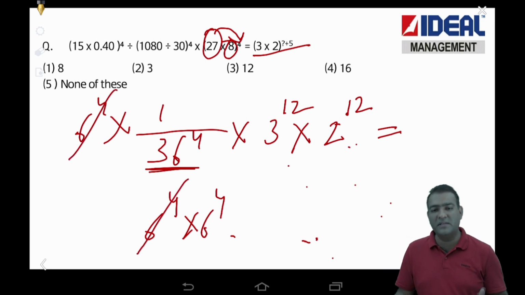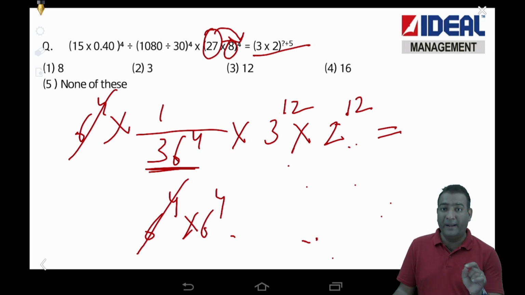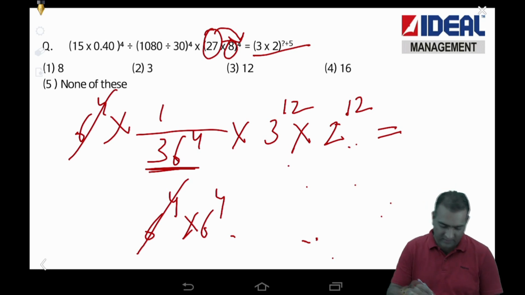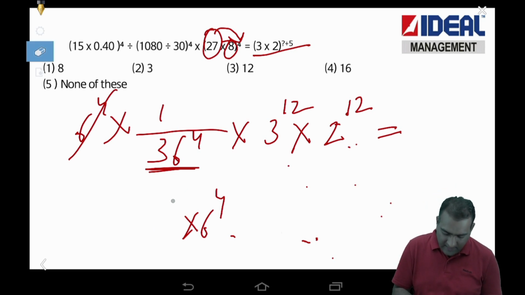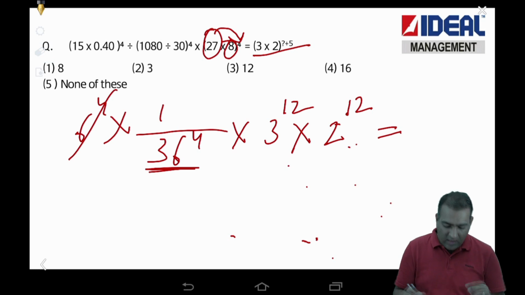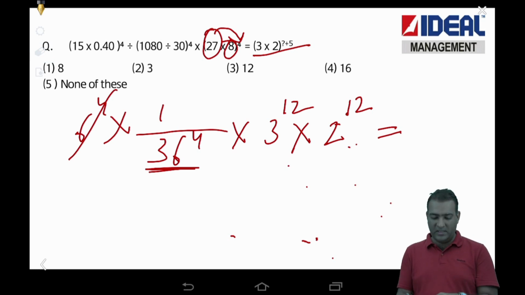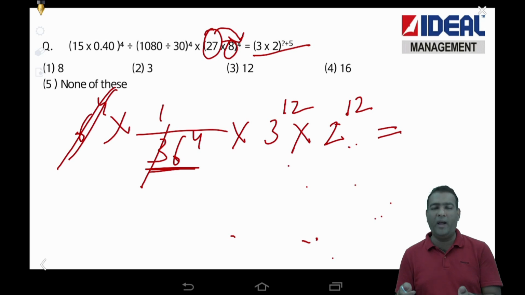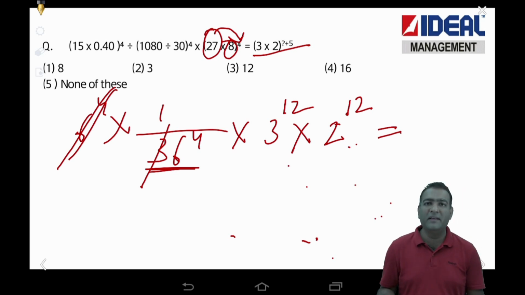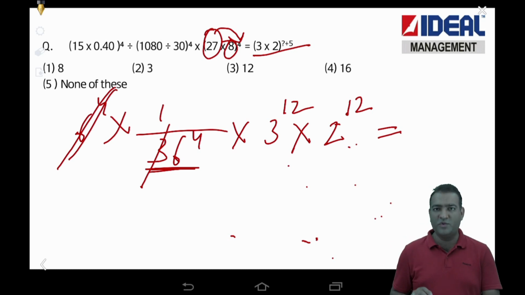I'll be left with only one 6 to the power 4. Hope this is clear. But do I need to do that? Rather than writing so much, if you look carefully, you know that 6 to the power 4 is what remains. You cut this and this 6 remains. 6 6s are 36, just cut this. Finally you have to see 6 to the power 4. That's it. Simple. 6 to the power 4 remains.